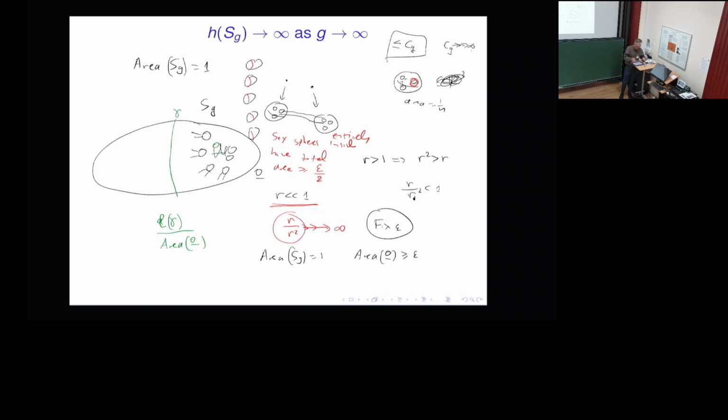So I should attribute that to Buser actually. So the previous proof, I'm happy to take credit for the sphere, for this geometric proof, but Buser realized the connection between expanders and surfaces, and he proved some things about it. I don't remember if he proved exactly that, but this goes back to Buser.